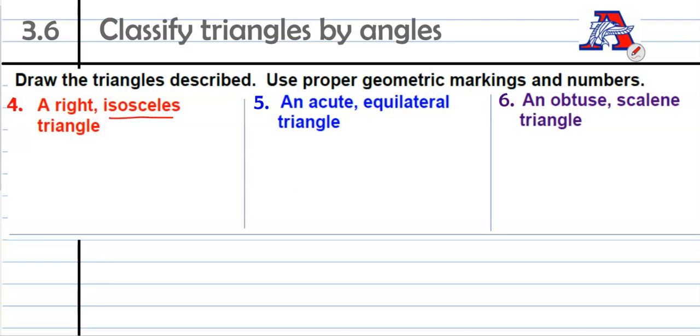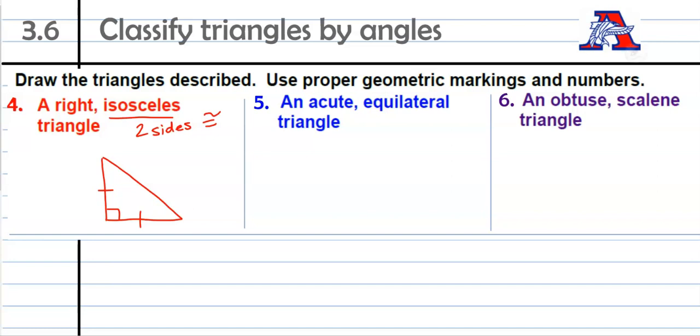Isosceles from our last skill means that 2 sides need to be congruent. So we need a right triangle where 2 of the sides are congruent. And it would have to be those 2 sides, the 2 legs. It cannot be the hypotenuse because the hypotenuse is always going to be longer than your legs. So that right there is pretty much the only way to do it.